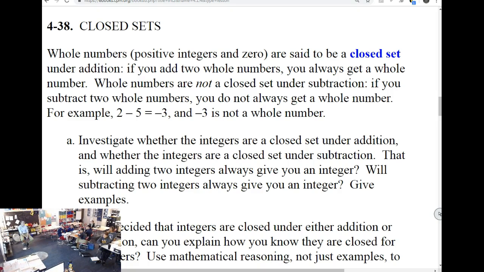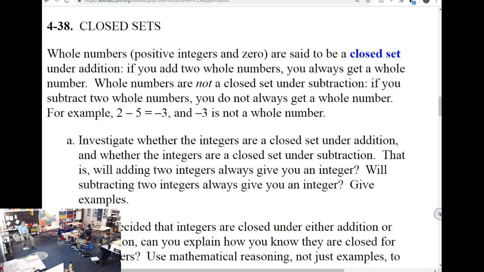Hans? Well, if you have it under a certain addition, subtraction, multiplication, division, and if it's a closed set, then it'll always end up as a whole number.